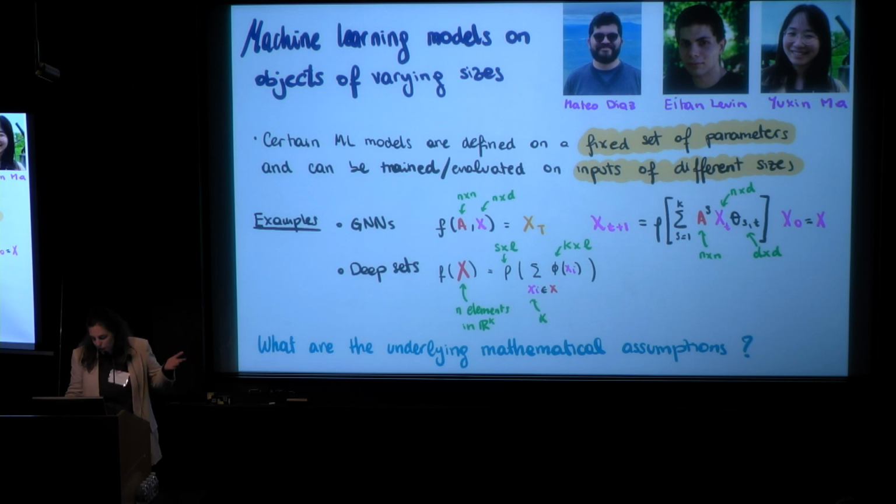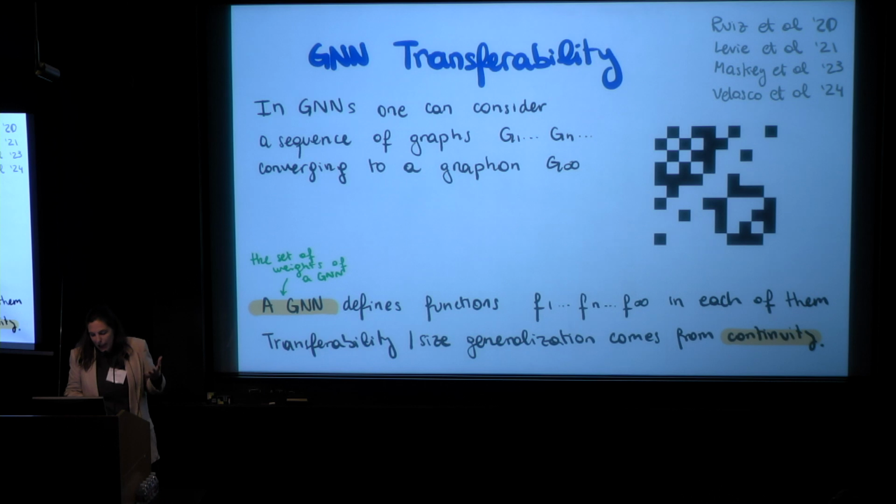And the same thing with deep sets. The deep sets definition is independent of the number of elements in your set. So what are the underlying mathematical assumptions that allow us to do that? And what are we doing when we learn a machine learning model on different size objects?